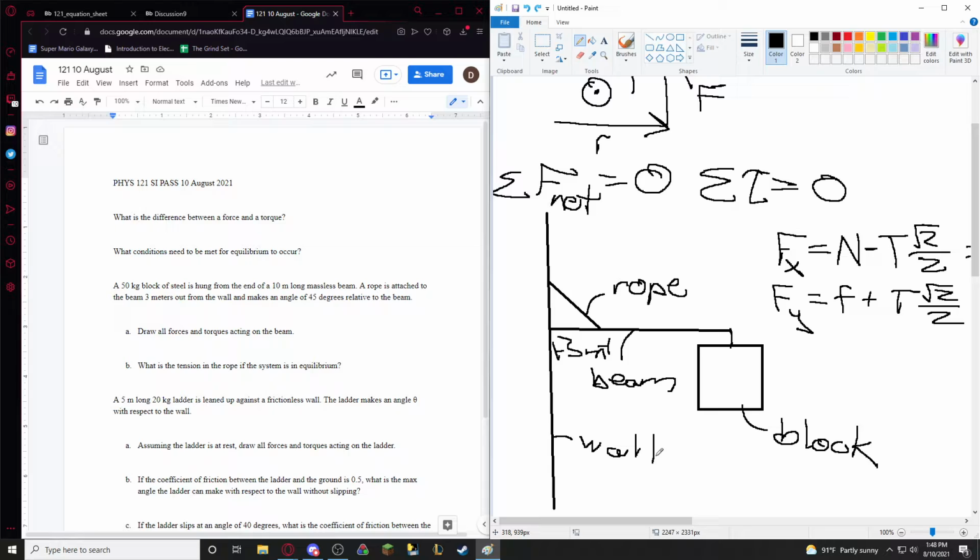The force and the radius. So we have to select some sort of a pivot point to actually calculate our torque, right? Where would we want to put our pivot point here? What's the most convenient spot?